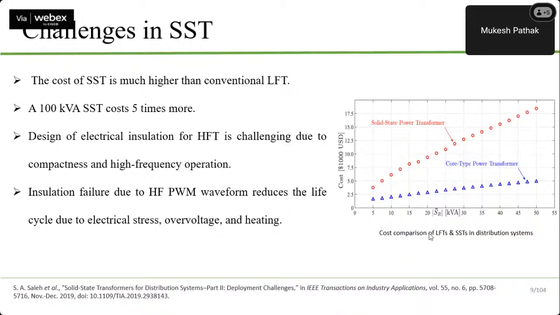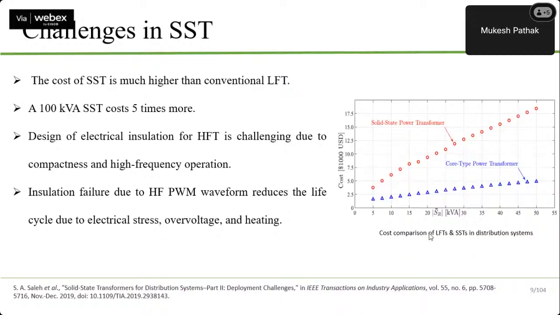So you can imagine if the cost of a transformer is 1 crore, the SST would be 5 crore, and an investment of 5 crore, which means 4 crore more, is a huge proposition. It is not so easy. No one will take this up. Even if it is 1 lakh and the other one is 5 lakh, 4 lakh is also a big difference.